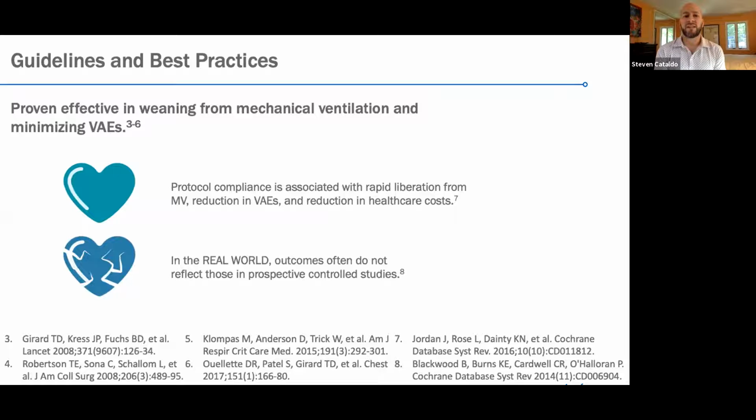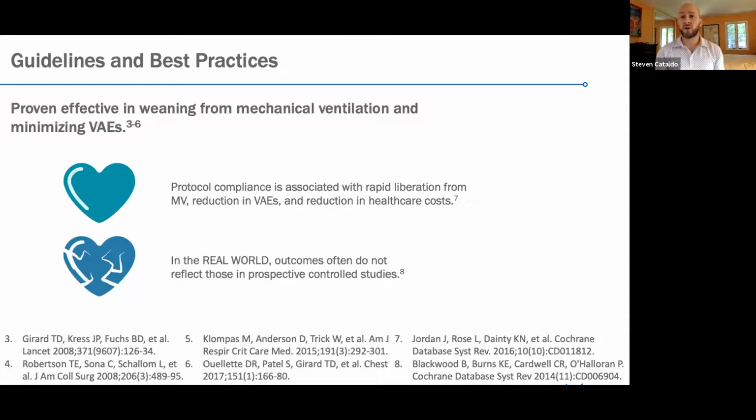But when it comes down to it, these things are not so easy to apply in the real world. When you look at these studies, looking at these best practices and guidelines, these are major, major, major prospective controlled studies that are instituted within a facility or even multi-center facilities, and they have dedicated resources put in place to enact these protocols.